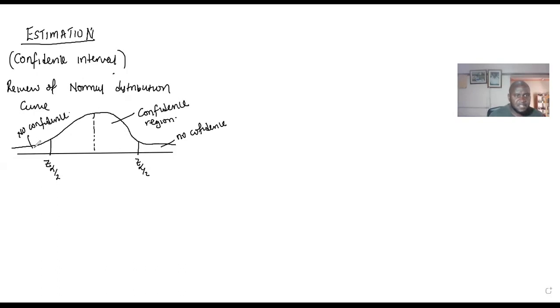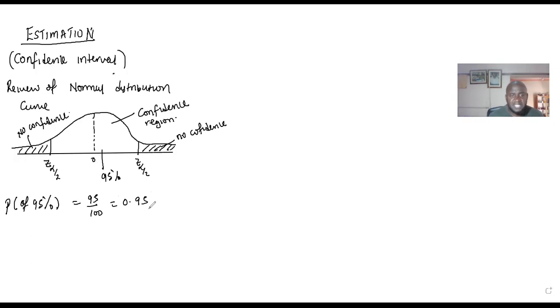Now, this no confidence zone behaves in a way that, if, for example, this is 95% confident, the probability of being confident is 95 out of 100, which is 0.95.